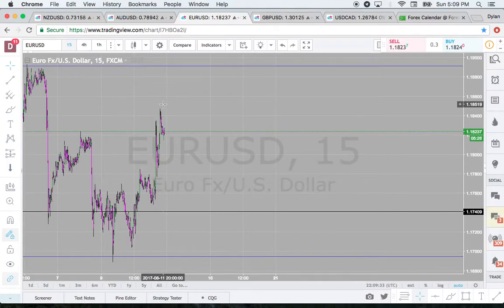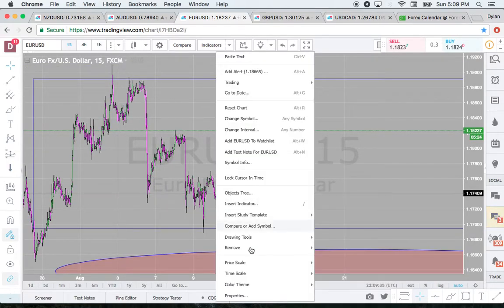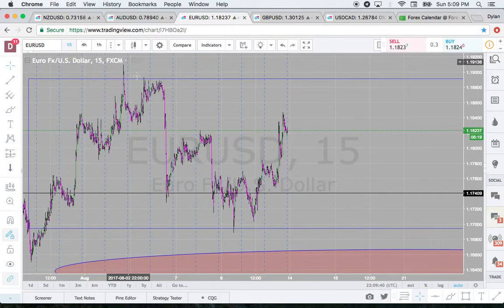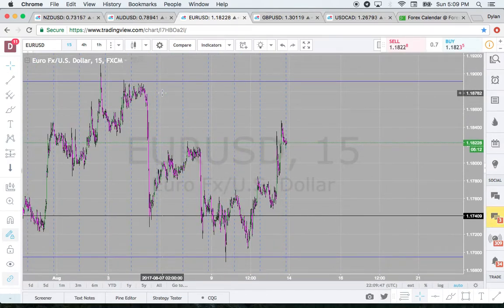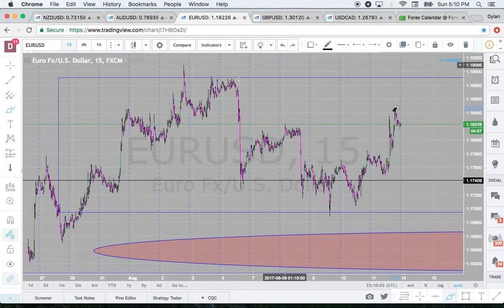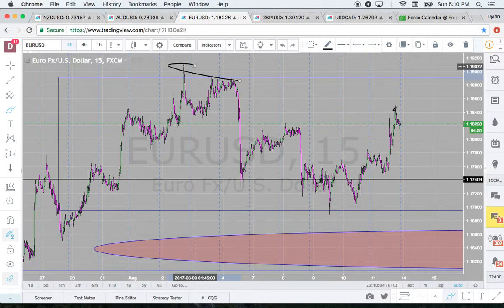15-minute chart. Let's look at the highs and the lows. Now here's the high of the previous week, or I should say, I believe this is either the high of the previous week or the month. So this would be the high of the previous week, and then here's the high of the previous week, right at this area.